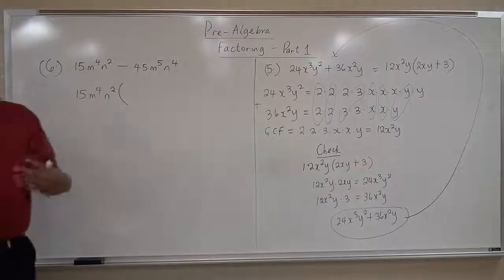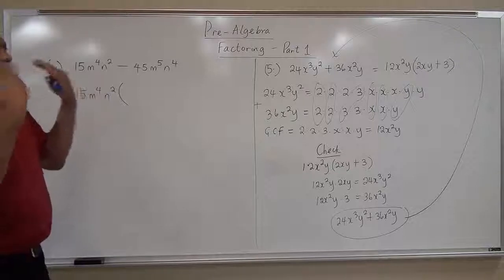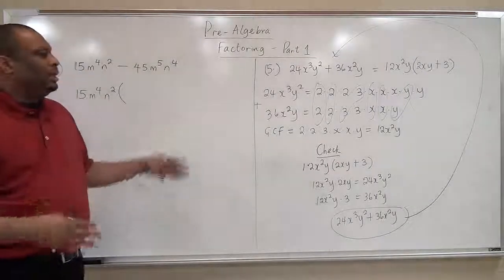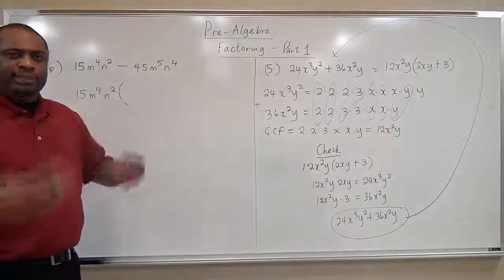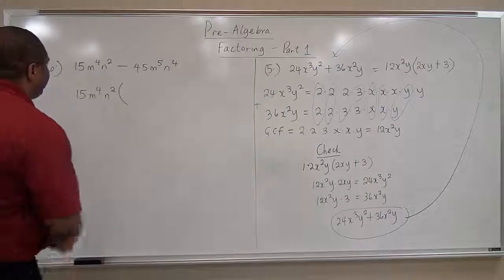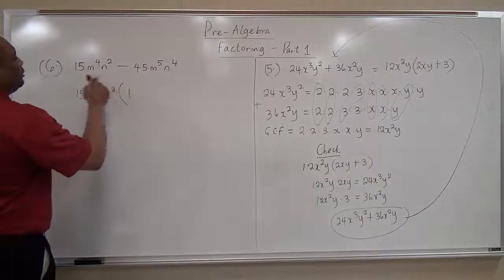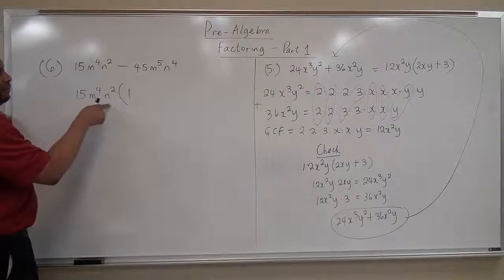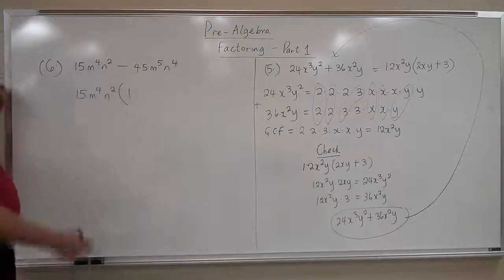When you look at some problems, I don't want you every time to come and write this out, unless you're practicing. My goal for you is to be able to look at it and write it right away. So this will be 1, because 15m⁴n² divided by 15m⁴n² gives you 1.